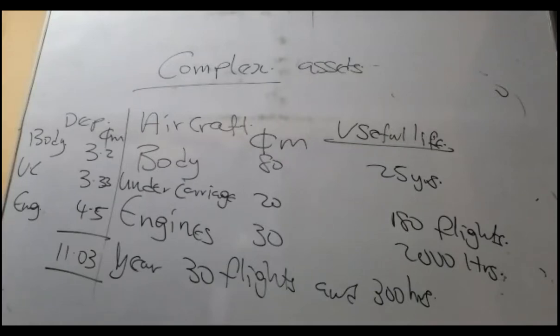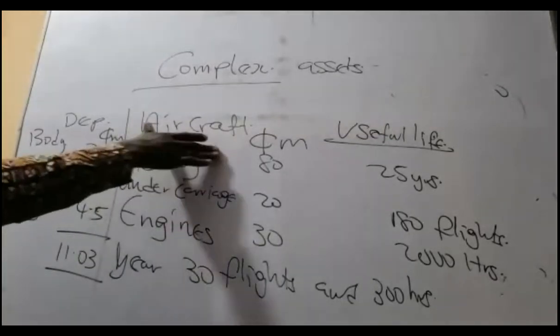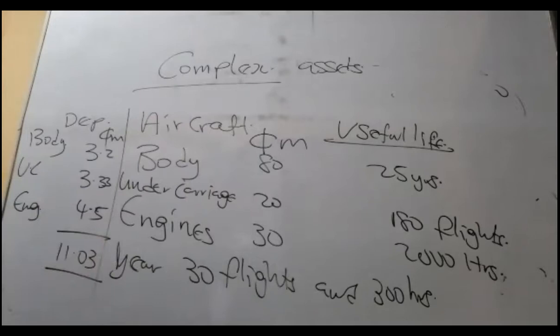So we are done. Now let me explain overall. All we are saying is that in a situation where the asset is complex and has different components, and the components have different useful lives, then you can depreciate them separately.